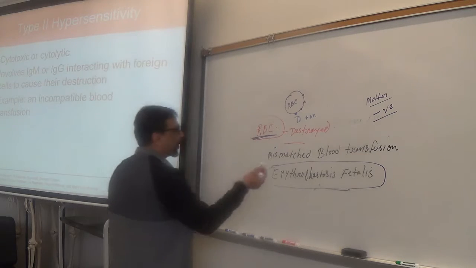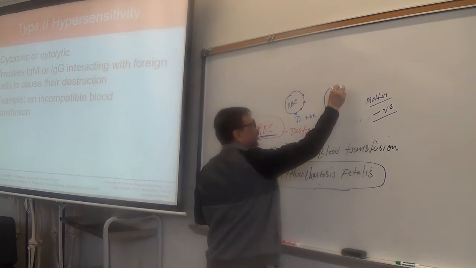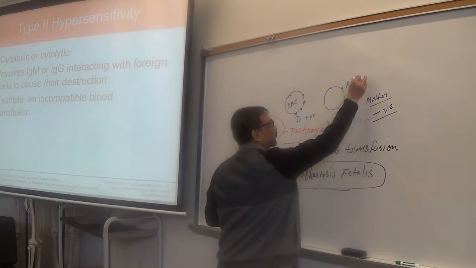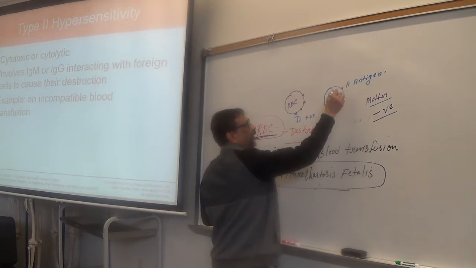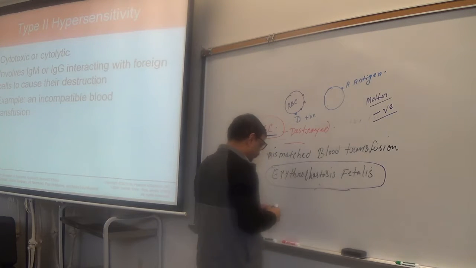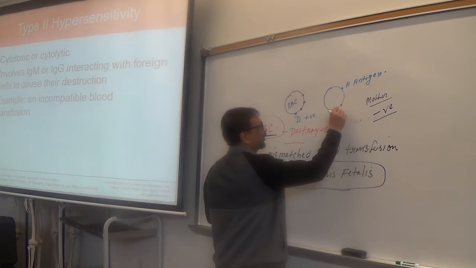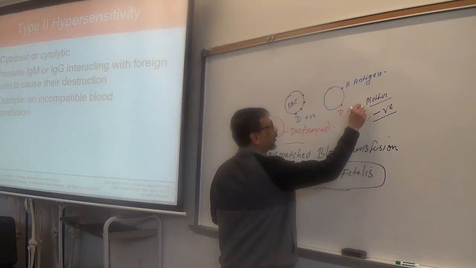Now you tell me, this is a red blood cell. It has, this is A antigen, this one doesn't have B antigen, and it has D. This is D antigen. Now you tell me, what is the blood type?